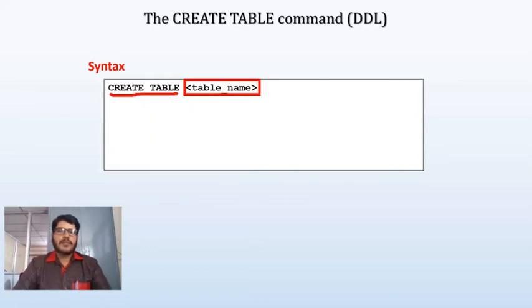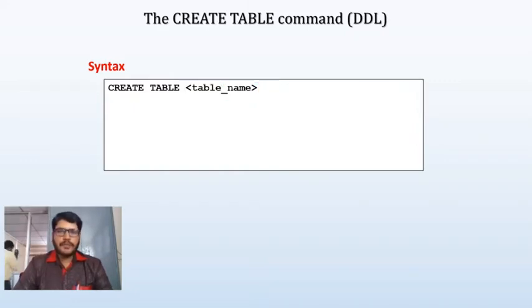Assume that in an examination, they may ask you to create an employee table, a student table, a salary table, a product table, a supplier table, etc. At that time, you need to mention the table name in this particular position. Create table student. Similarly, create table employee. Like this, you have to mention the table name.